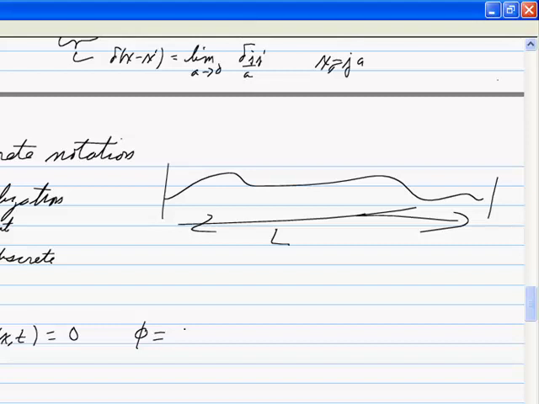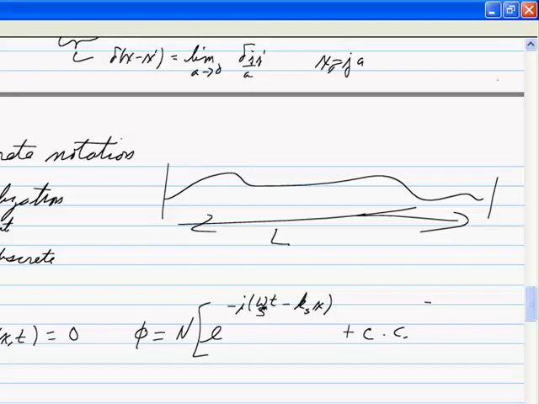So we know that the fields, up to some normalization, go like e to the minus i omega s t minus k s x, plus the complex conjugate.